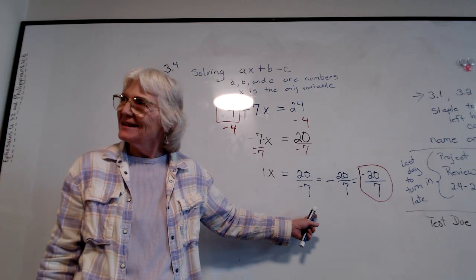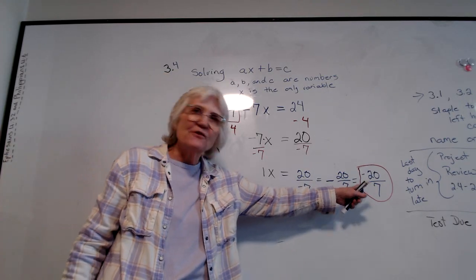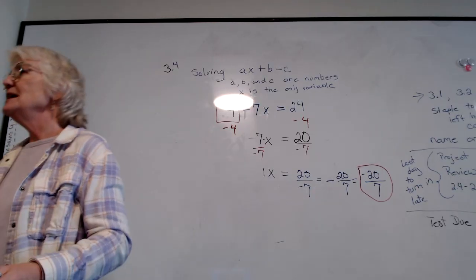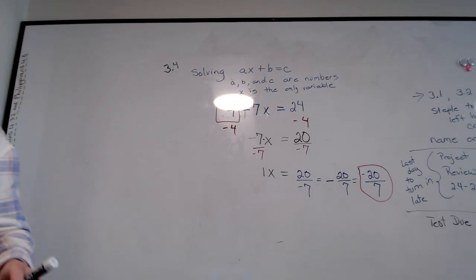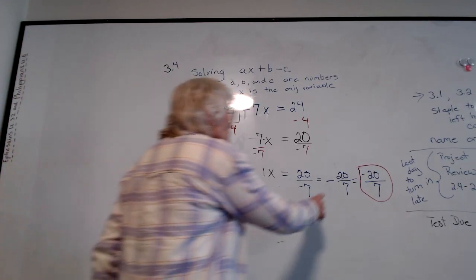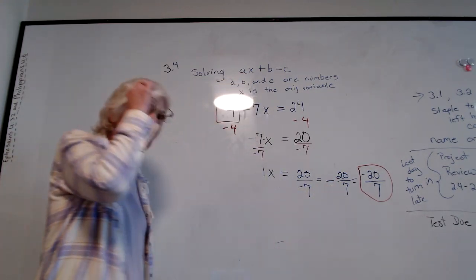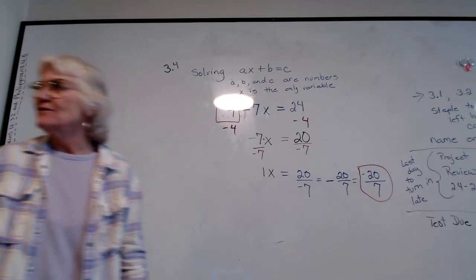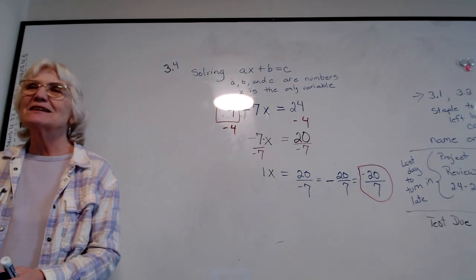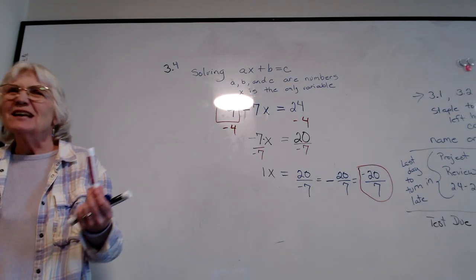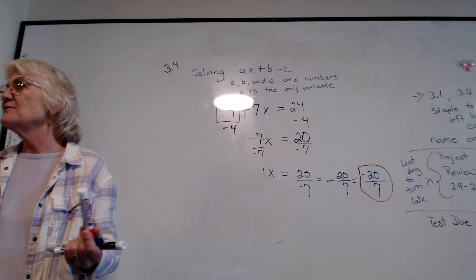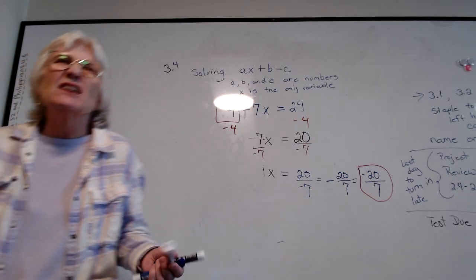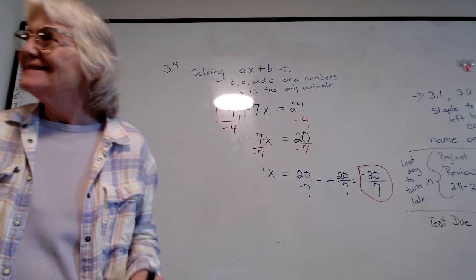They are the same thing. This is how I prefer it. I'm just giving you my pet peeves. I like to look at it that way because my eyes are old. That's why I have to wear these glasses. And I can't see if that's really a negative out in front. Okay, so that's something to think about. Just humor the teacher and write it in her preference. That's all you have to do. We'll get along fine then.